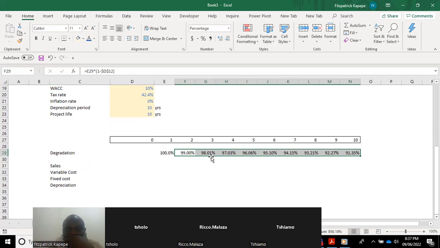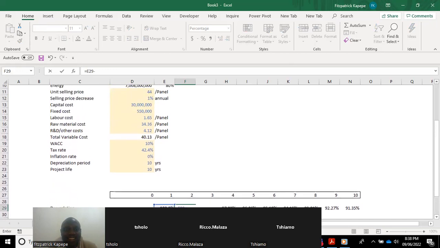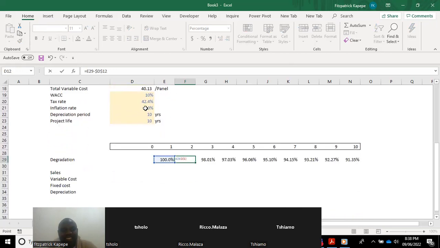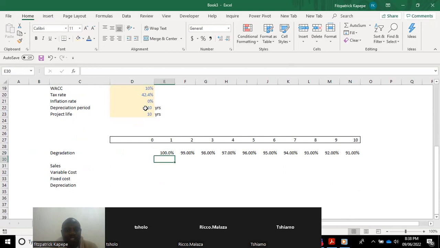I don't know if it's correct here, or it should be, if it's 1%, meaning you're going to have 100, 99, 98, 97, right? Not what I've done. Maybe it's not a growth. It will be this minus that. Okay. I think now it makes sense.